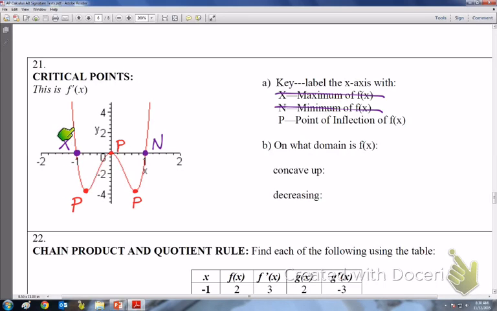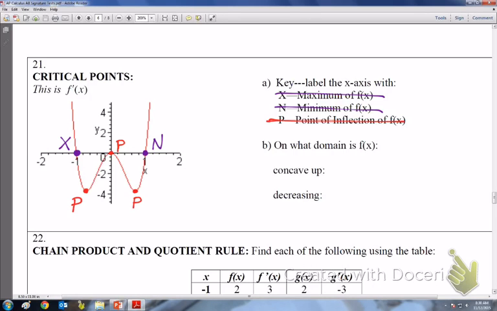And again, I know that because notice that the first derivative is decreasing and then increasing, which means that my original function is concave down and then concave up. So it changes there. And then it goes from concave up to concave down. And then it goes from concave down to concave up. So I have 3 places where my original function will change concavity or change its inflection. So we're done with that one.